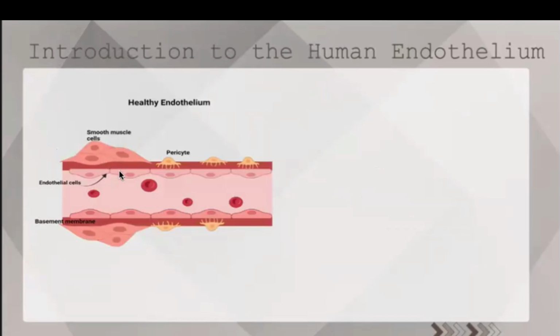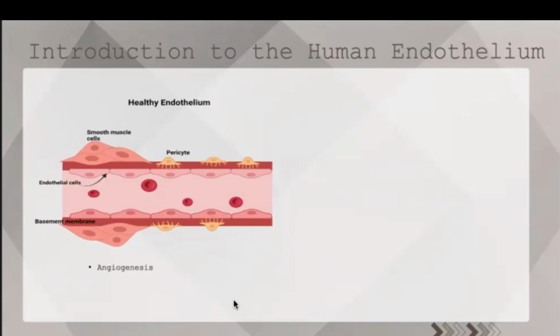So the endothelium is a single layer of endothelial cells that line the blood vessel. And so throughout blood vessel formation, we have these pericytes that stabilize the blood vessel throughout development. Blood vessel formation is regulated by angiogenesis.